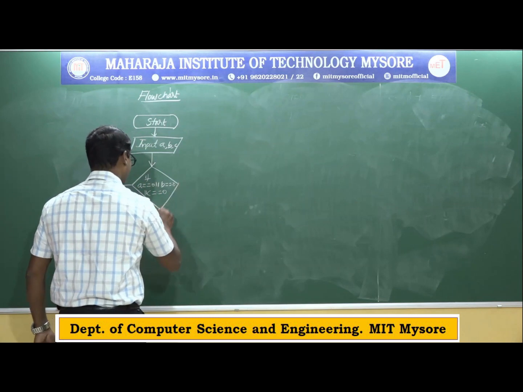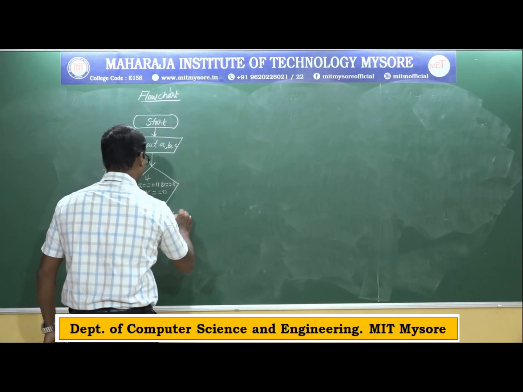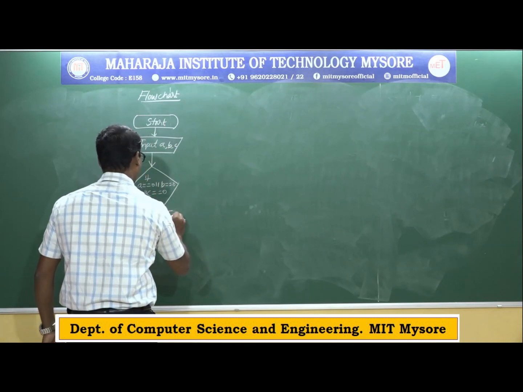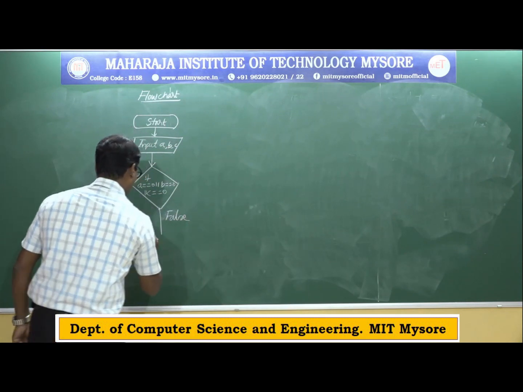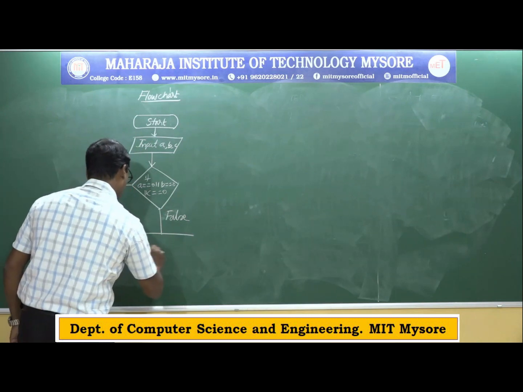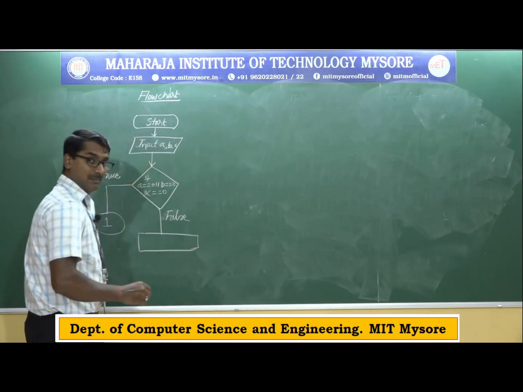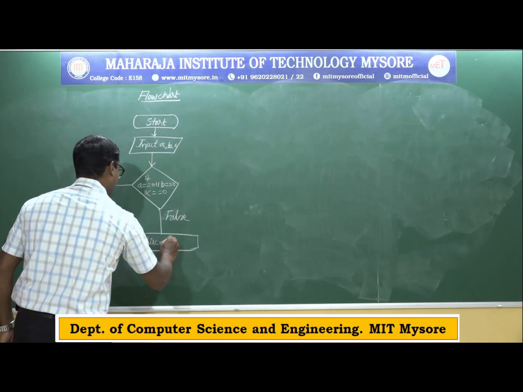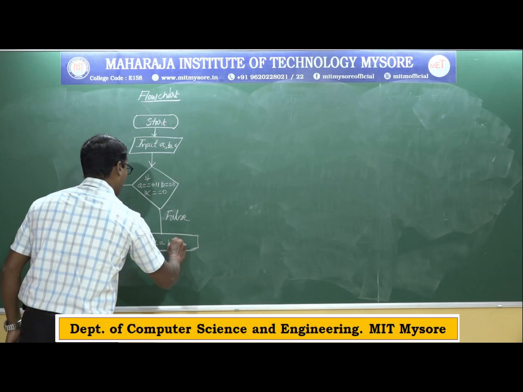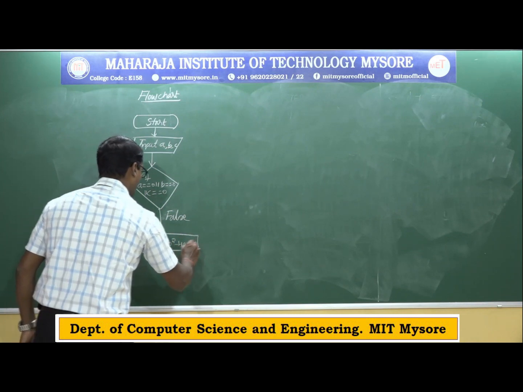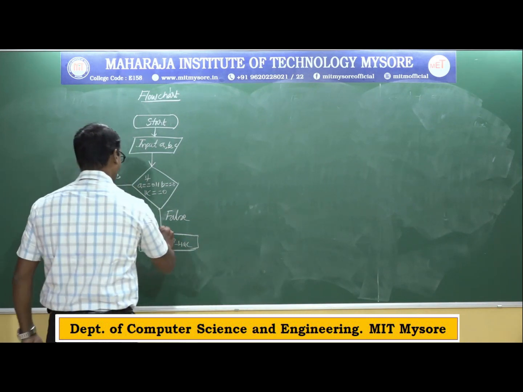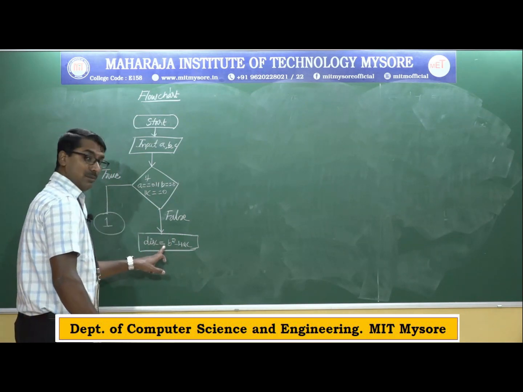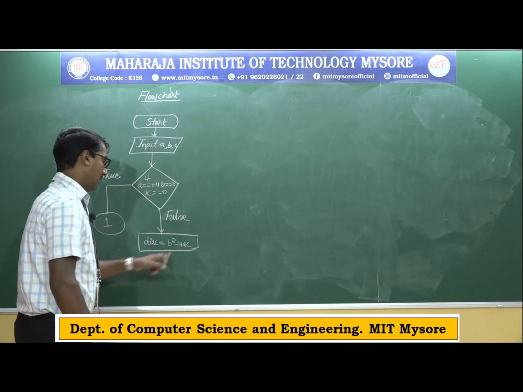If this condition is false, then we need to compute the value, that is DISC is equal to B square minus 4AC. Here I will compute the value, DISC is equal to B square minus 4AC.